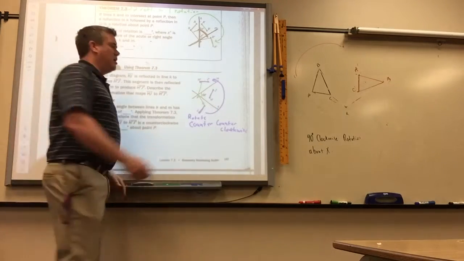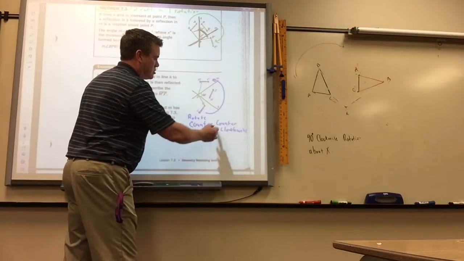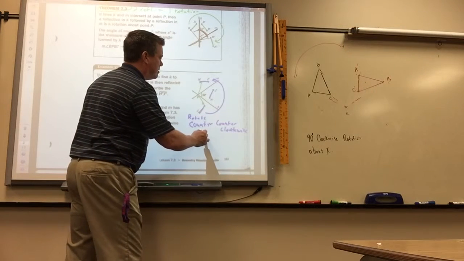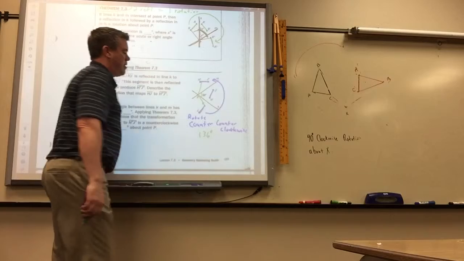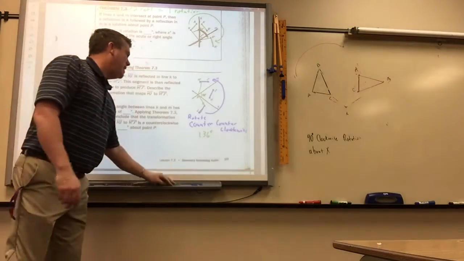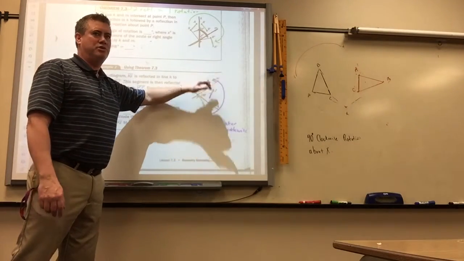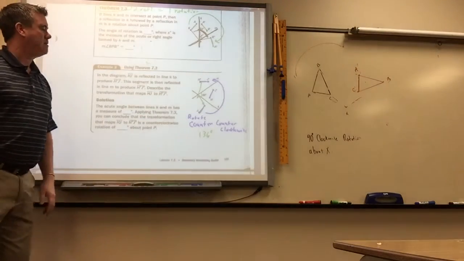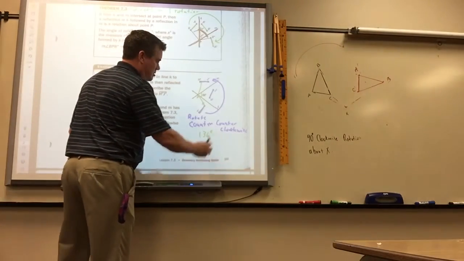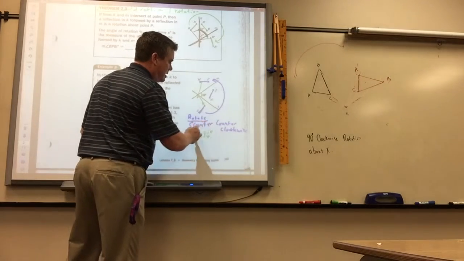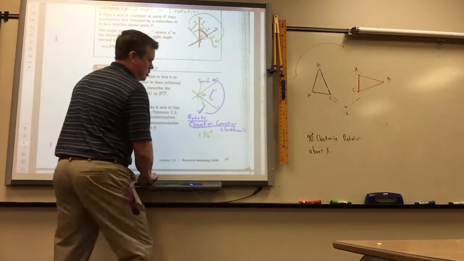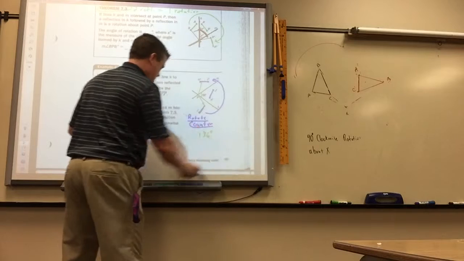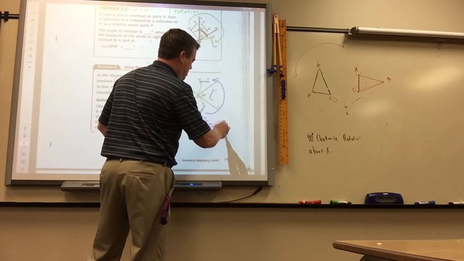Double it. All you gotta do is double it. So it's a 136 degree rotation. Whatever the angle is that they flip it over, you just double that, and that tells you how many degrees it's rotated. And then you gotta say rotate counterclockwise.